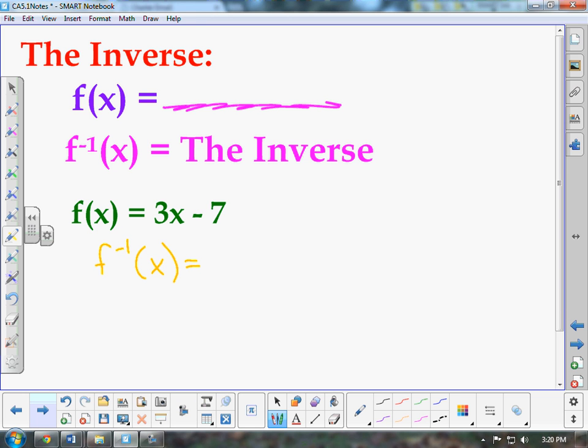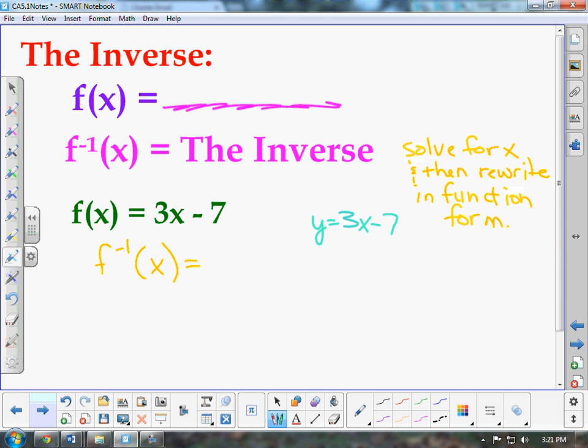then what you have to do to find the inverse is solve for x and then rewrite in function form. So you would have y equals 3x minus 7, and then to solve for x, you would add 7. y plus 7 equals 3x.